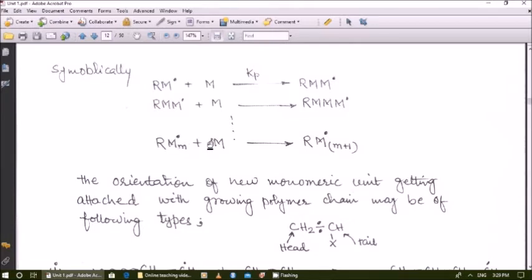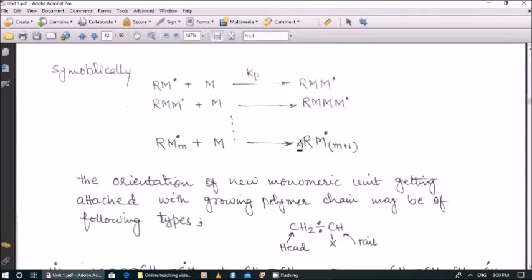Okay, and it is going to react with another, or the last, monomer of the reaction, so it will form RM(m+1)•, meaning another monomer is going to be added to this growing polymer chain.